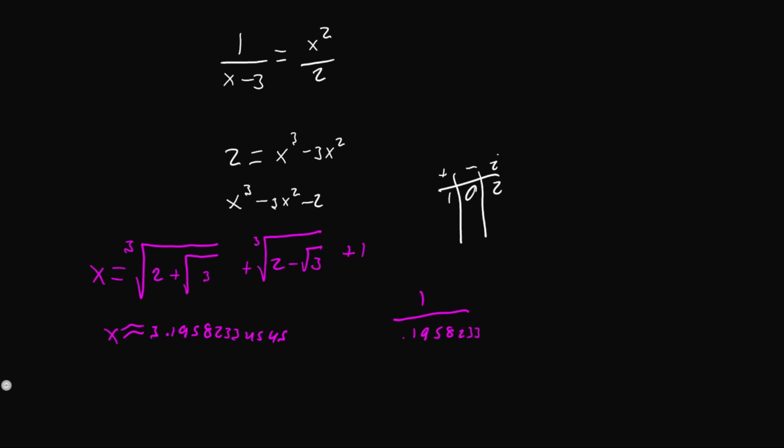So we're going to just use the first 7 decimal digits. So we're going to have 1 divided by 0.1958233, which is the same thing as 5.1066.